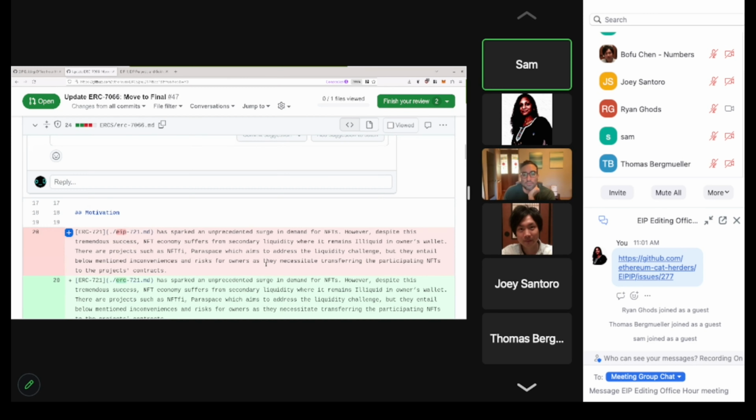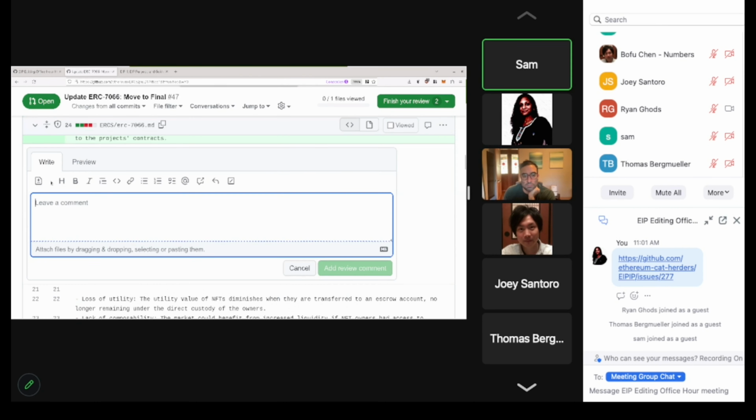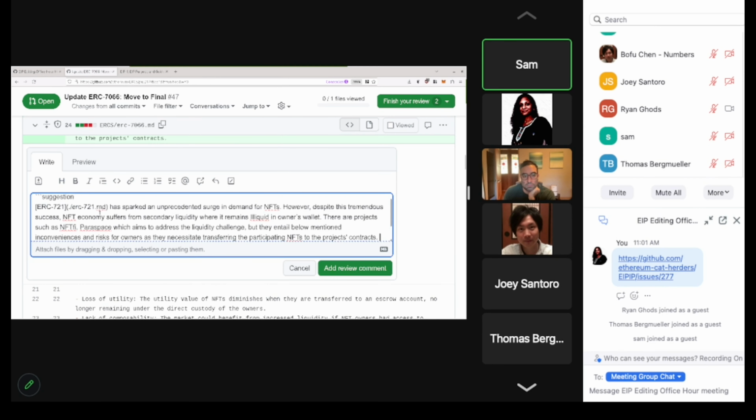Motivation. ERC-721 has sparked an unprecedented surge in demand for NFTs. However, despite this tremendous success, the NFT economy suffers from secondary liquidity, where the NFT remains illiquid in the owner's wallet.